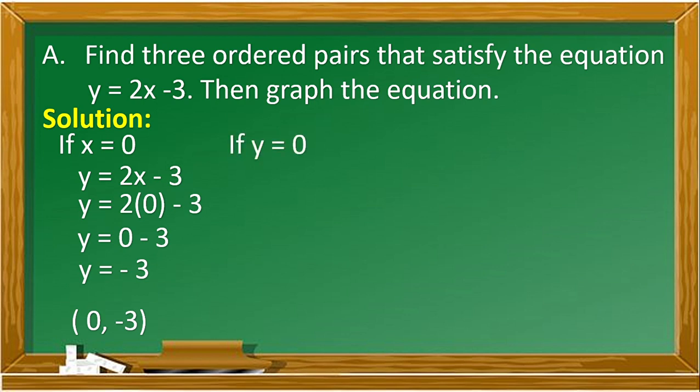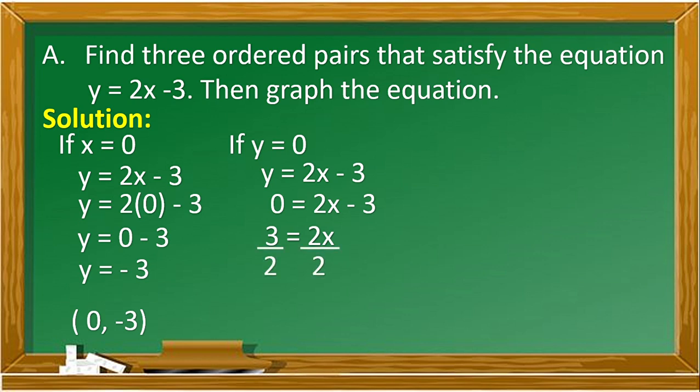Now, if y is equal to 0, then y is equal to 2x minus 3. Let's substitute the value of y by 0. So we have 0 is equal to 2x minus 3. And then, let's transpose negative 3 to the left side and it will become positive 3 and then is equal to 2x. And next, let's apply the division property of equality by dividing both sides by 2.